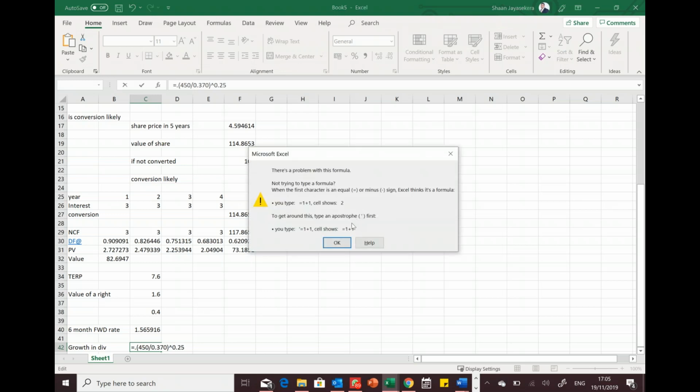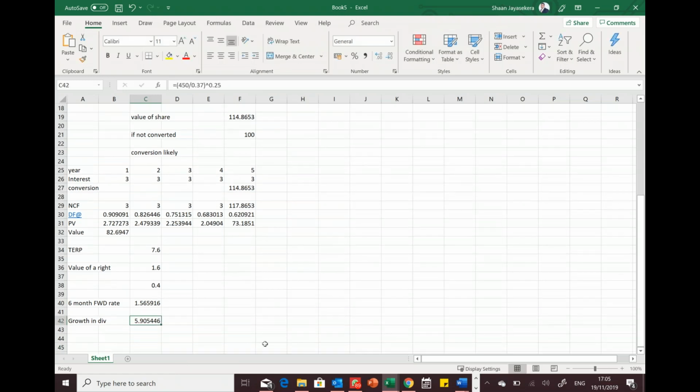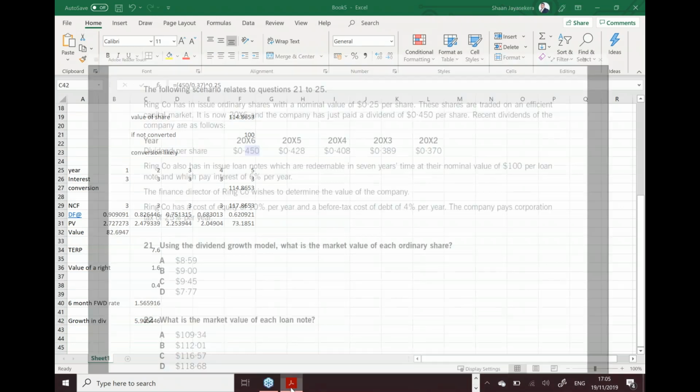So this should be approximately about 5 point, have I got the figures right?